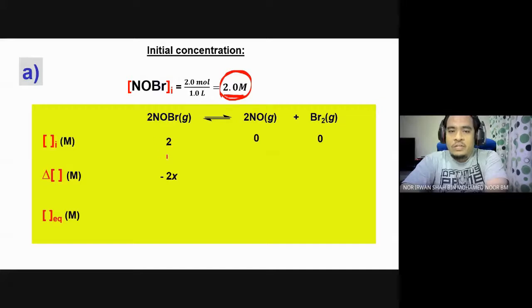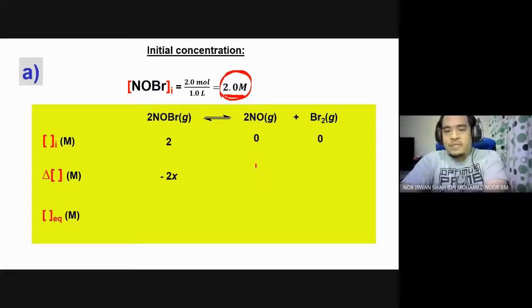So the change in the concentration of nitrosyl bromide will be minus 2x. But for nitrogen monoxide and bromine, these two gases increase their concentrations. For nitrogen monoxide, since there are 2 moles of nitrogen monoxide here, the change would be an increase of plus 2x. And then bromine is just plus x.